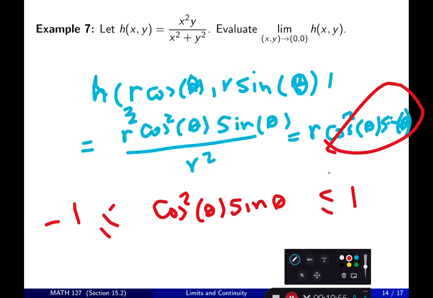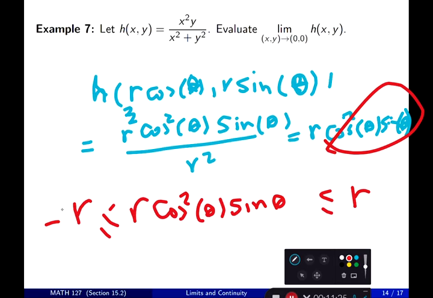When you multiply them together, the biggest they can get is 1, the smallest they can get is -1, and that's it. And so if I multiply all of these by an r, then this function h of r cosine theta, r sine theta is squeezed between the functions -r and r.